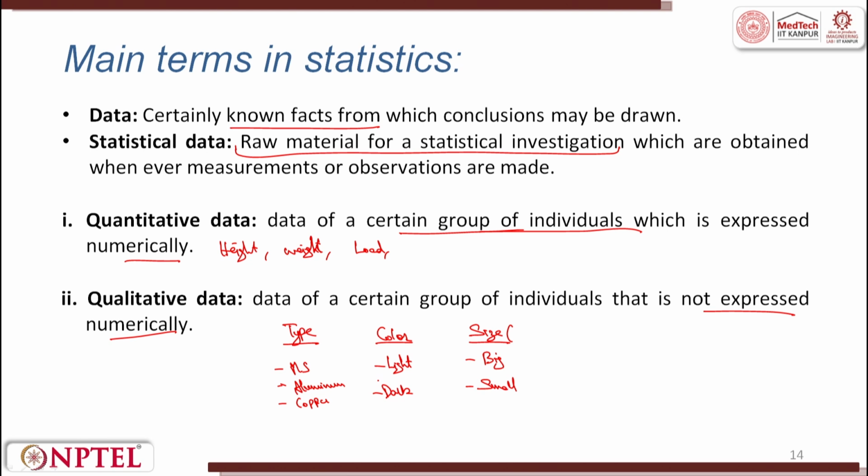This data could even be collected or could be taken from the already existing records. That which is collected is known as primary data, and that which is taken from the existing records is known as secondary data.